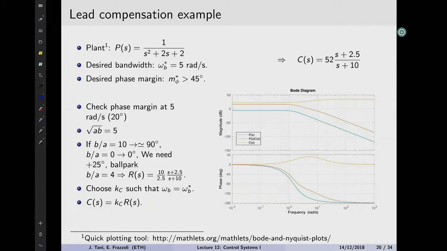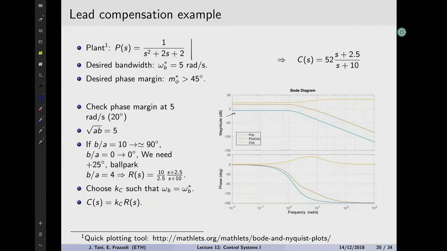Well, the first thing you do is you plot this out. So you remember your Bode diagrams, and you go and plot it out. Can you see it actually there? Yeah, right? And it's this blue curve here. Okay, so you say we want the crossover frequency, that is the bandwidth, to be at 5 radians per second.